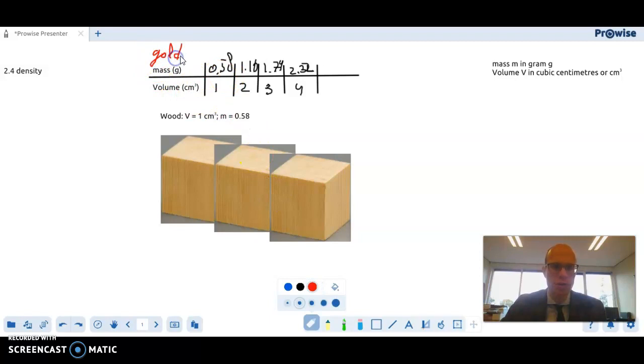For gold, we start with a cube of 1 cubic centimeter. Then the mass of that cube of 1 cubic centimeter is 19.3.